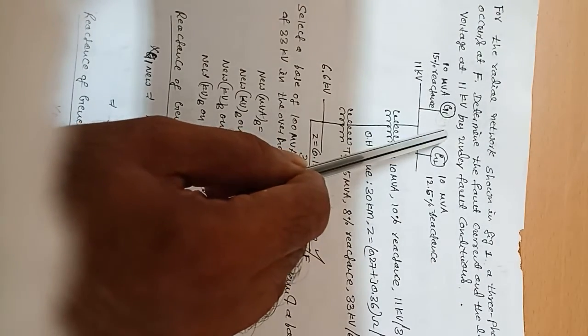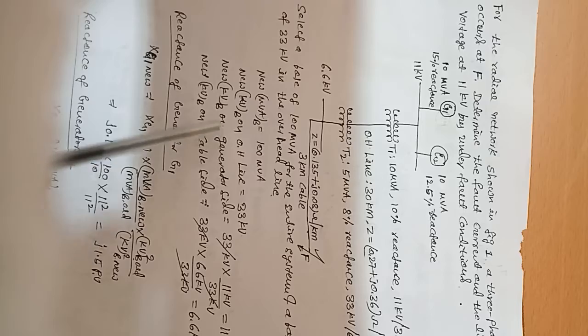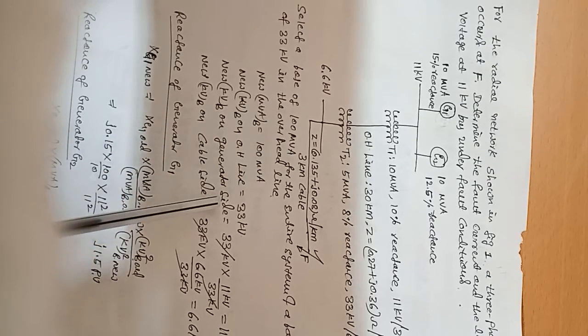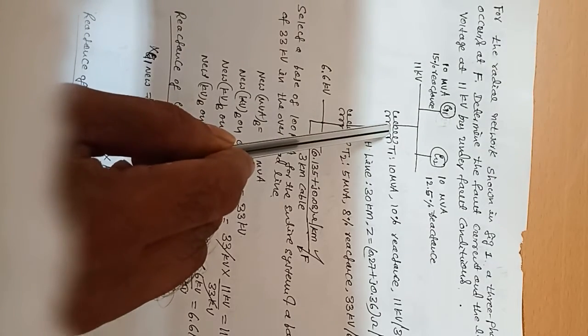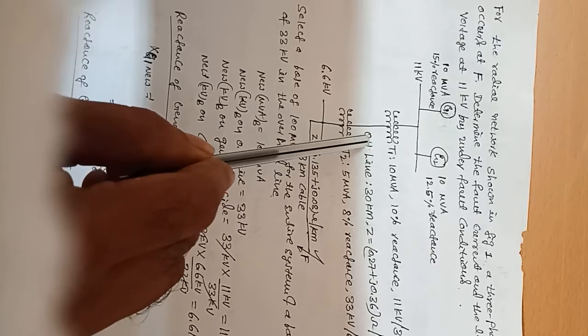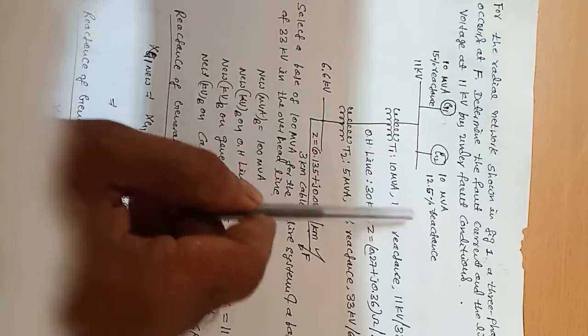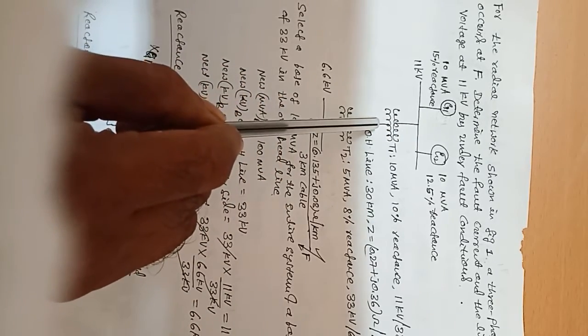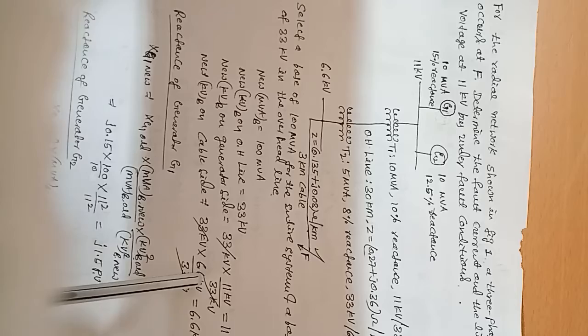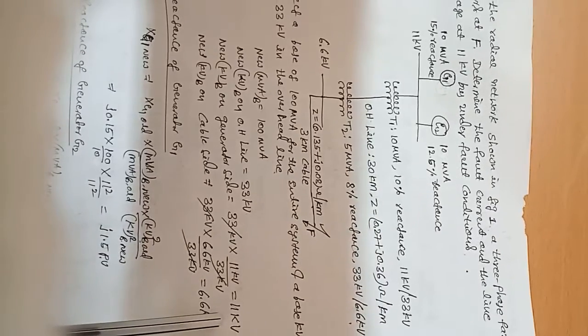New kV base on generator side equals new kV base on the other side, the overhead side, that is 33 kV, into the rating of the transformer on the generator side, 11 kV, divided by the other side rating, so 11/33 kV. So it is 11 kV.